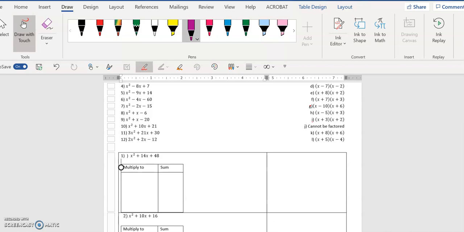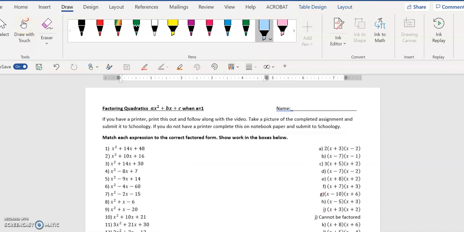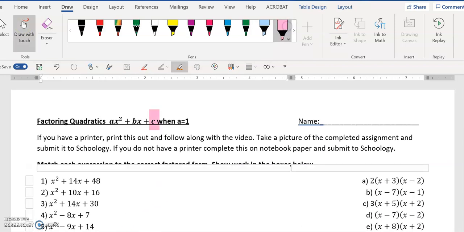So in our first problem, we see the constant is 48, and the number in the middle we like to call b is 14. Let me just explain this for a moment. The number at the very end is called c, constant, and the coefficient in the middle is b, and then the coefficient in the very front is a.